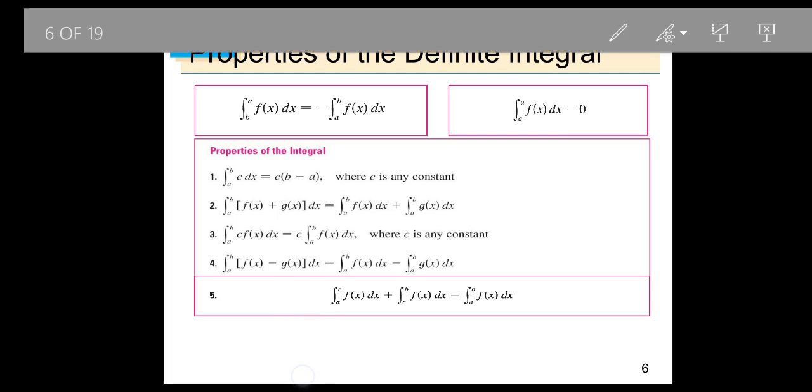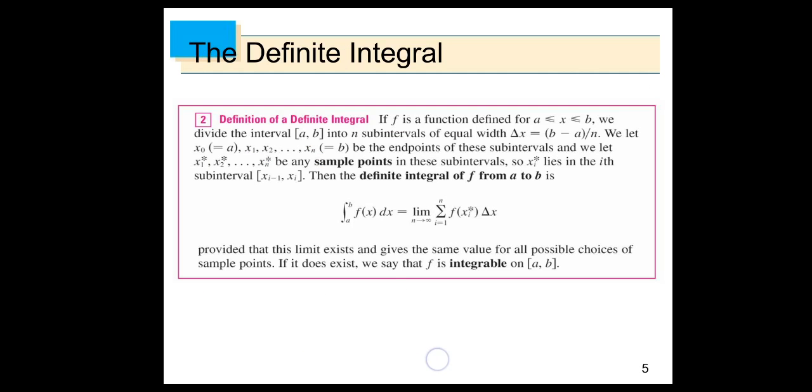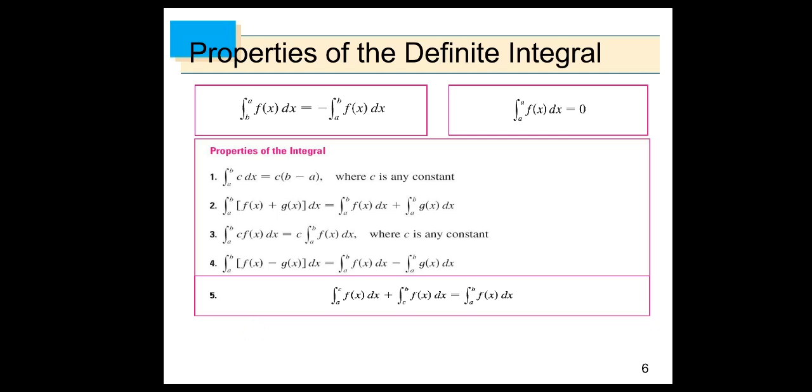The first part is from a to c, and the second part is from c to b. So suppose this is the first part, this is the second. We can add this area to this area, and it would be equal to the total area we have. So do not confuse yourself.